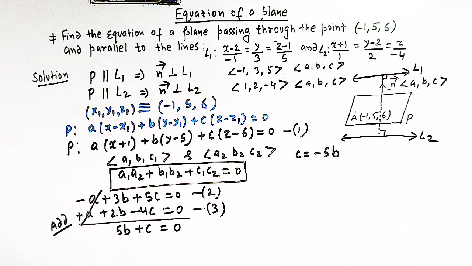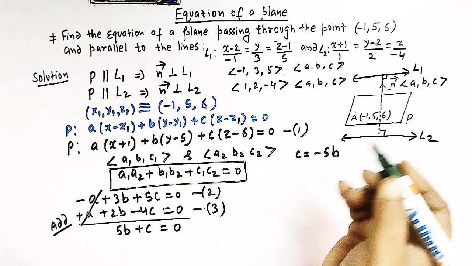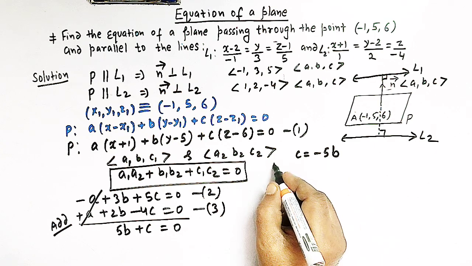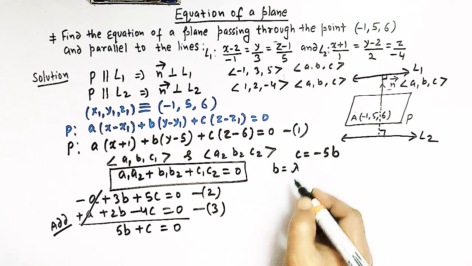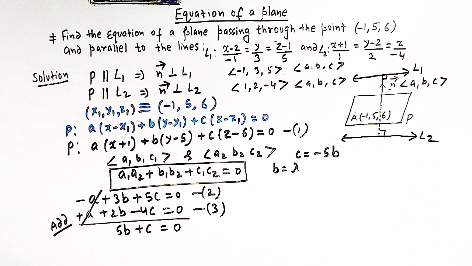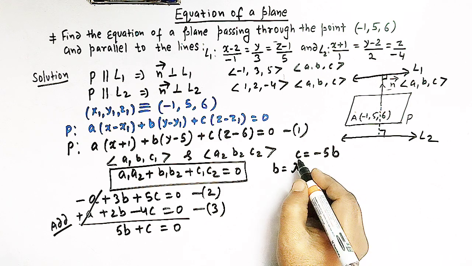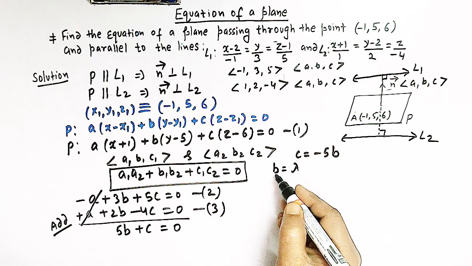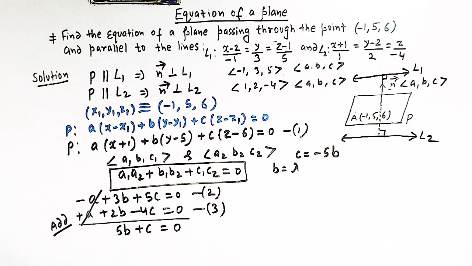Okay, now here let us introduce a scalar, that is say b is equal to lambda, right? So here lambda is some real number and it is a scalar, so we can now express c, b and a in terms of lambda.